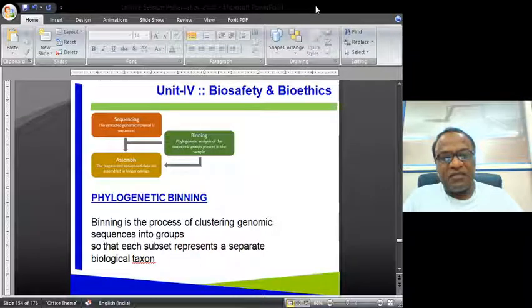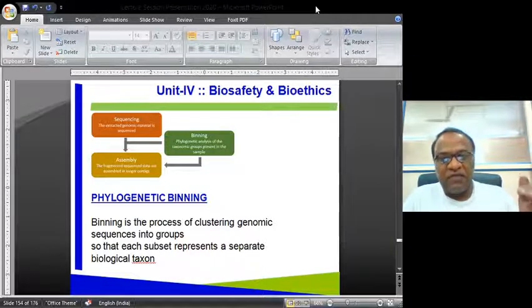Binning is the process of clustering genome sequences into groups so that each subset represents a separate biological taxon. So what is happening in the binning process or the phylogenetic binning?